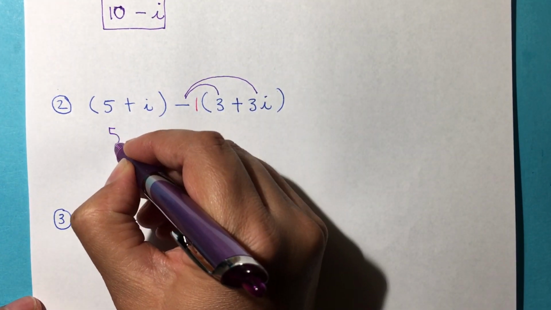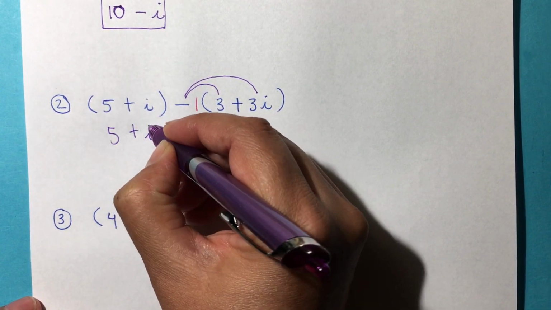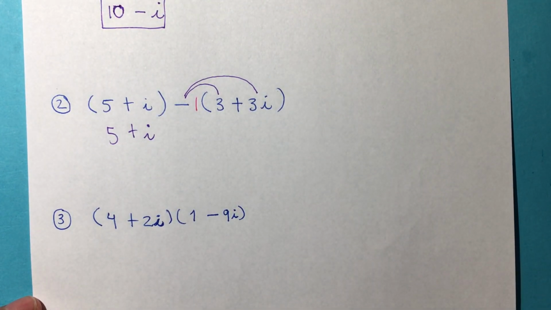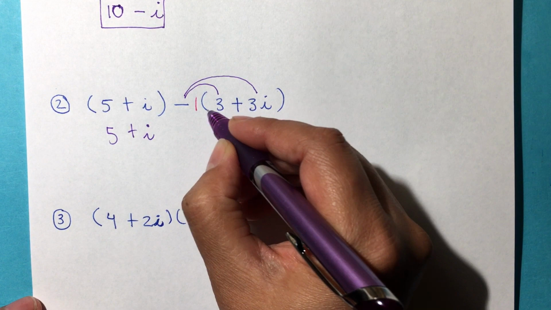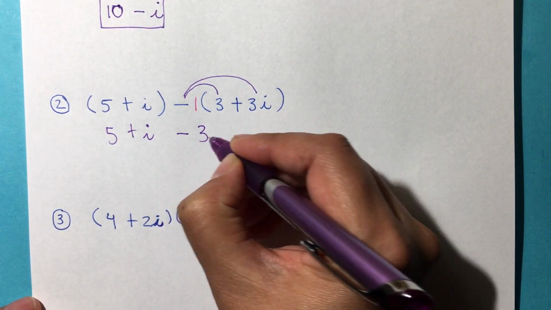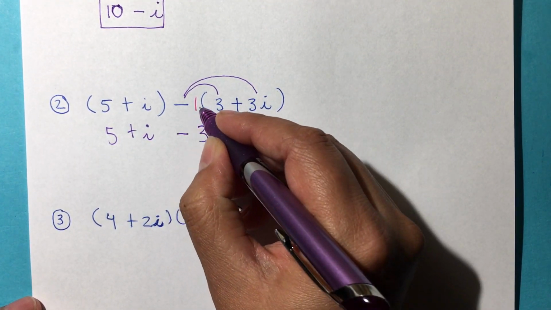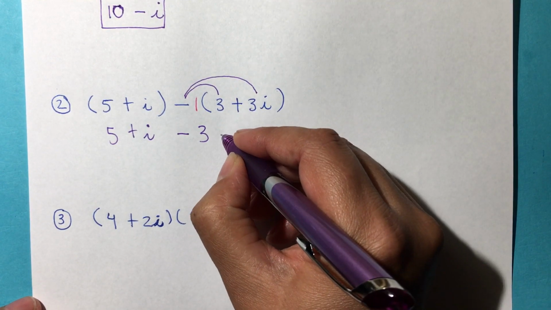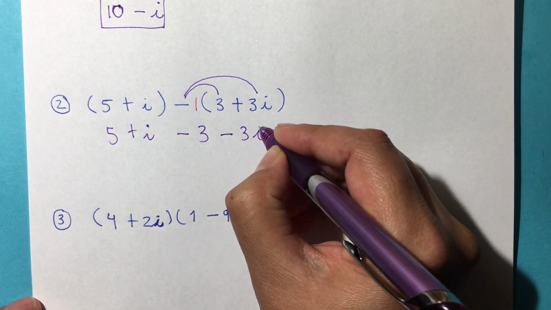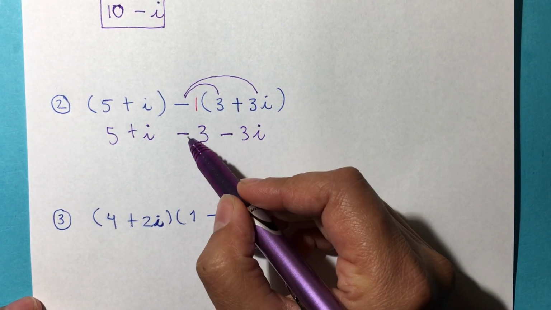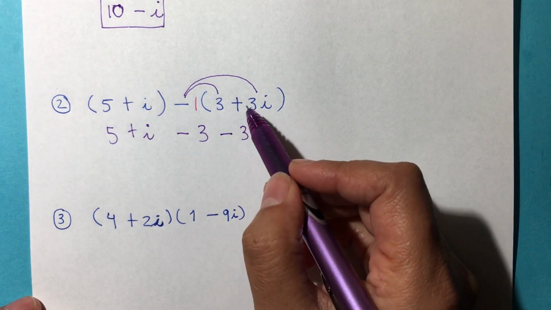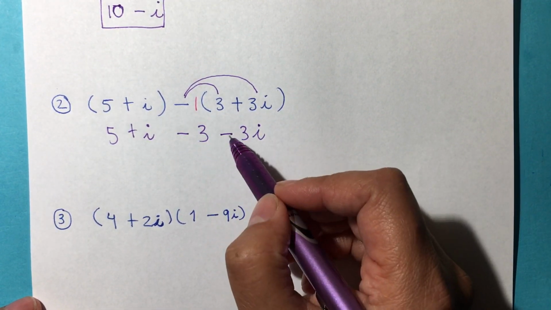The first one stays the same, 5 plus i. Just bring it down. And then negative 1 times 3 is negative 3. Negative 1 times 3i is negative 3i. As you can see, this is positive, it changes to negative because of that. This is positive, it changes to negative.